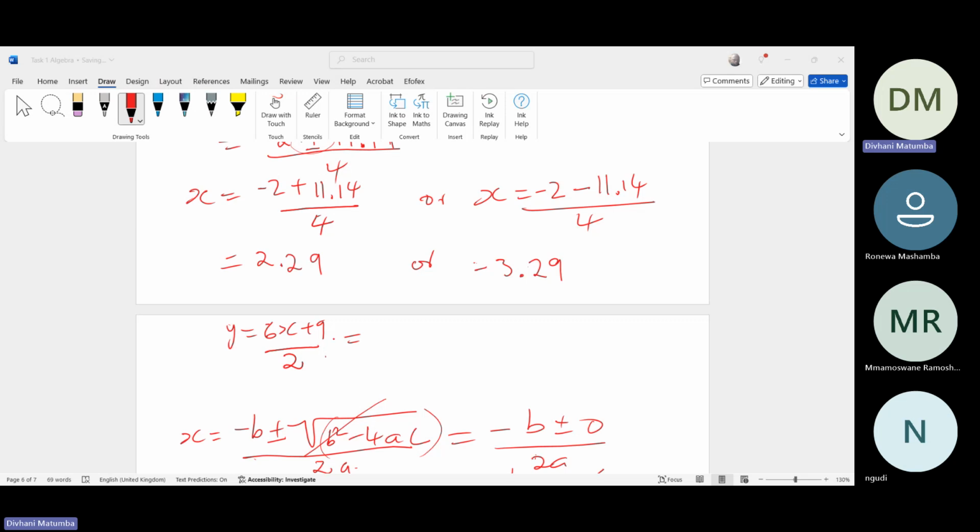Mamswan, how many values of y are we going to have? So we're going to have 2.